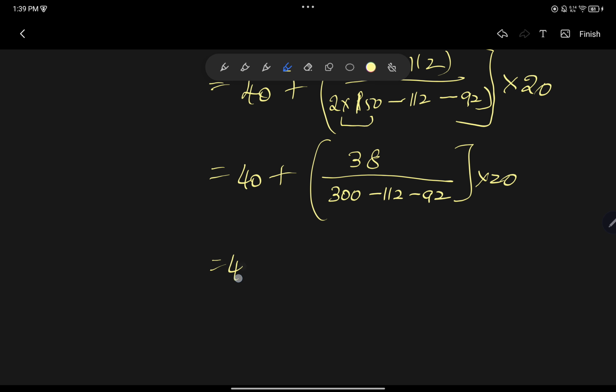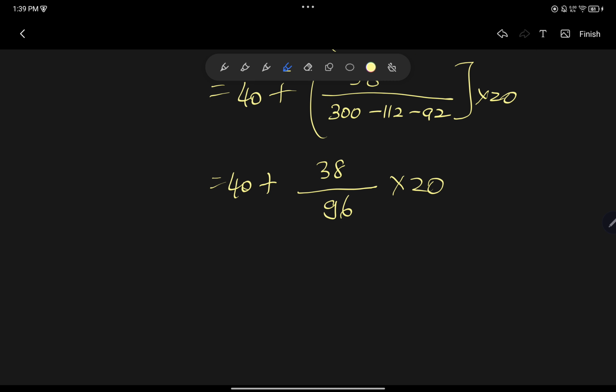Next, 40 plus 38 divided by 300 minus 112 minus 95, that is 93. Next, 40 plus 38 divided by 93, that is 0.41 into 20. These two first we need to multiply.